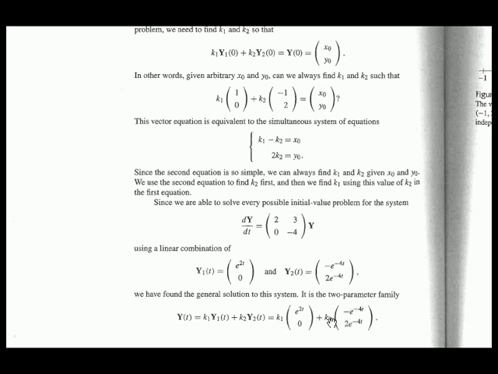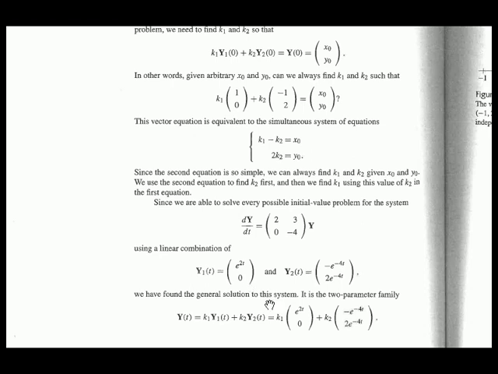So that's the general solution. Now, if you have initial conditions given, you simply plug in t equals 0 and set this vector equal to the initial conditions, and you'll get two equations for the two unknowns k1 and k2. Solve for k1 and k2, and you have the specific solution that satisfies the initial conditions.